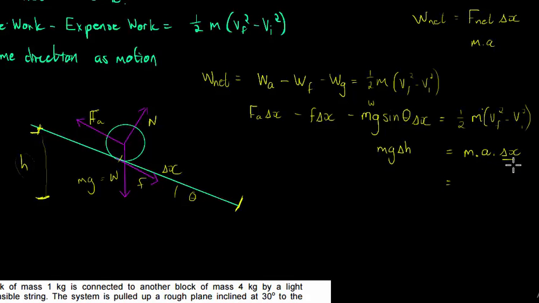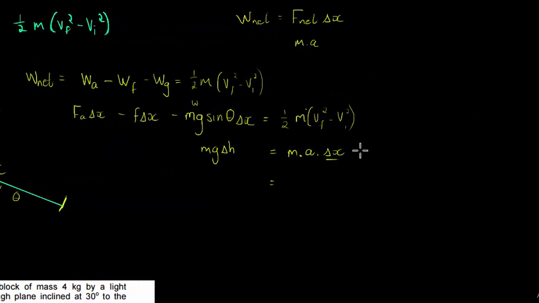Is there a way that we can put time in here? Delta x can also be represented by initial velocity times time plus a half acceleration times time squared.